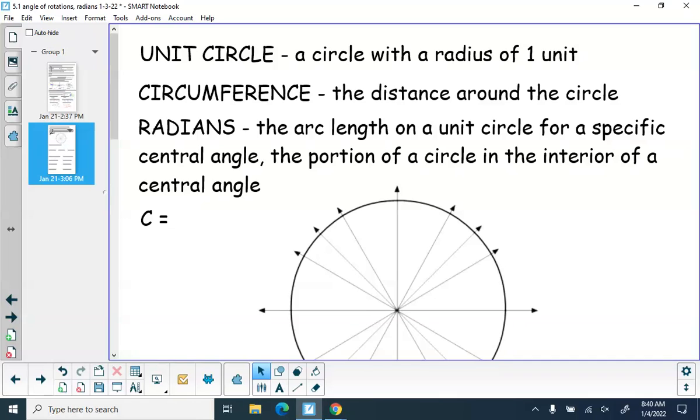It's a portion of the circle in the interior of the central angle.